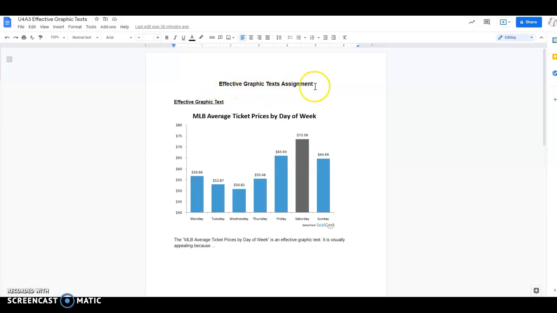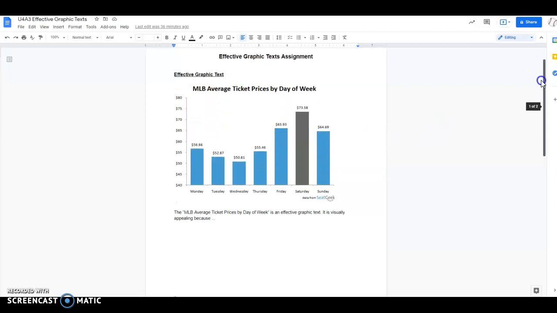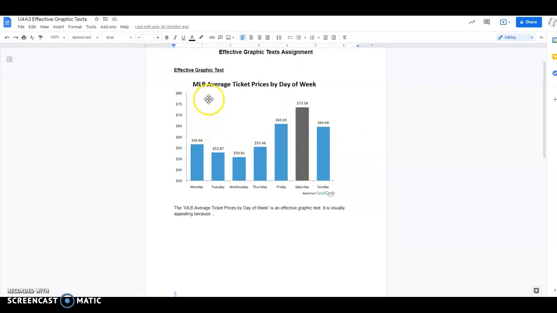So I've got effective graphic text assignment, that's our title. And so I've got effective graphic text, and so this is my example of what I thought was an effective one, right? So this is a graphic text on Major League Baseball's average ticket prices per day of the week.